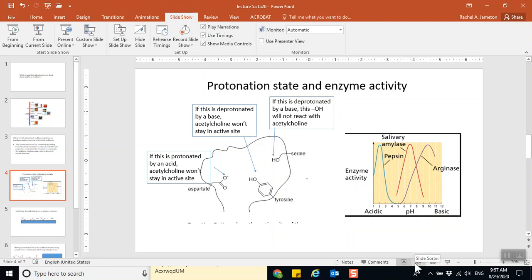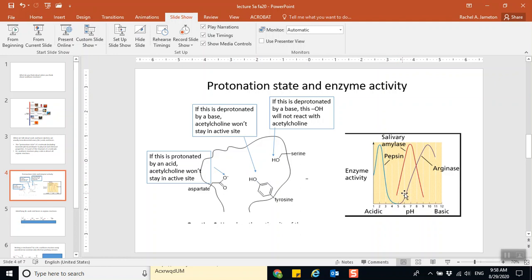And so enzyme activity, in other words, how fast the enzymes work, is determined by the pH of the environment. Enzymes have optimal pHs, pHs under which they work optimally, and that's when the protonation state is all correct.